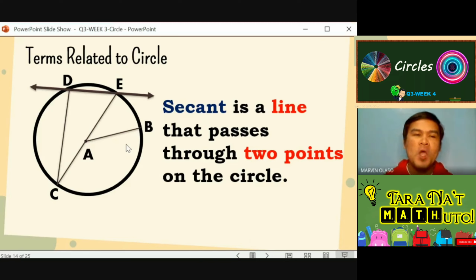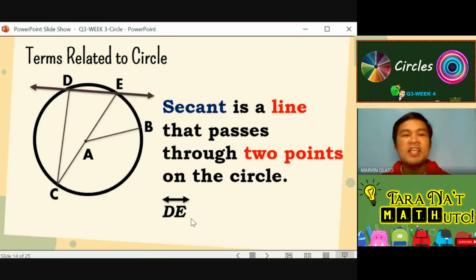Kapag tinanong ka, what is the secant in the circle? So, the secant is, yes, tandaan, that is line DE. Hindi siya line segment, kundi line DE. Okay? So, yung symbol natin na nasa ibabaw ay dapat pakitandaan yan, mga kamatinik. Let's continue the next term.